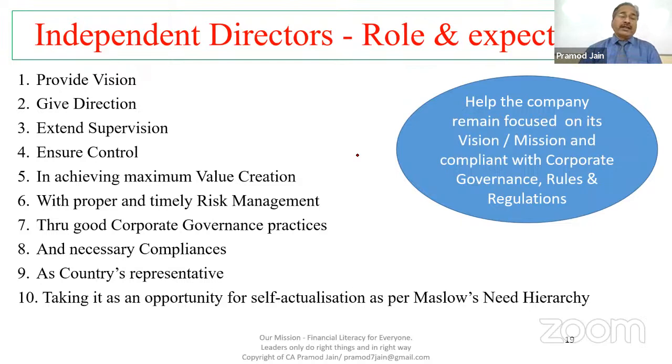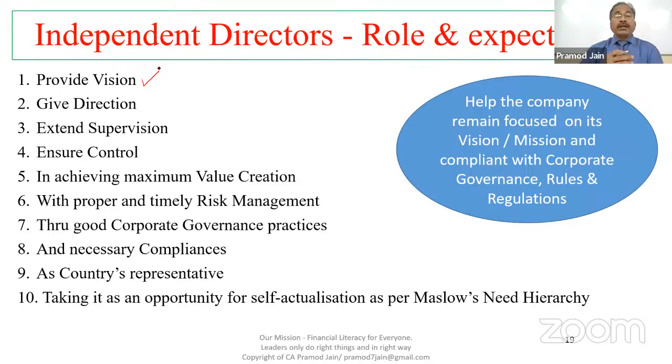In my understanding, the role and expectations from a person who is joining the board of a company in the capacity of independent director, the first one is provide vision.